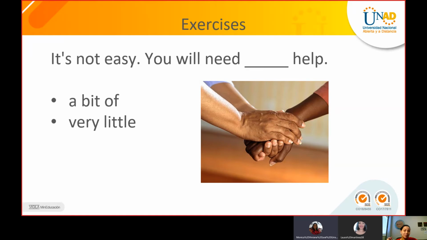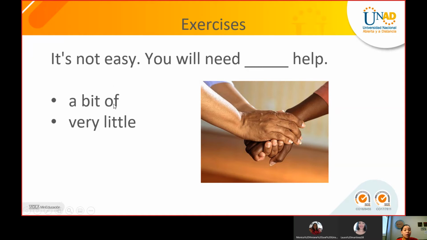Yes, because help is uncountable, right? So as it is uncountable, you can use "a bit of" or you could use "very little". But it depends on the sentence, right? Because the sentence says it's not easy. It's difficult. If something is difficult, you will need some help.